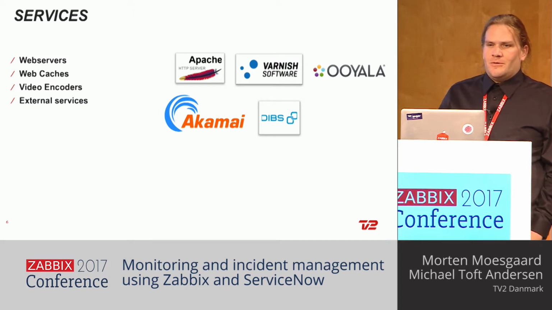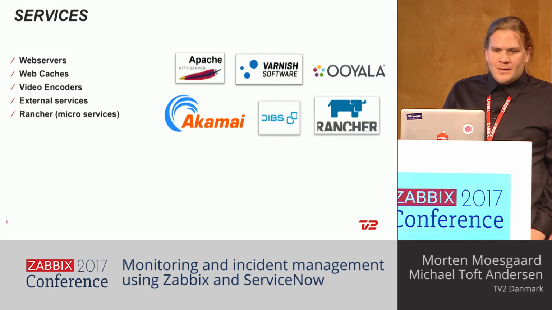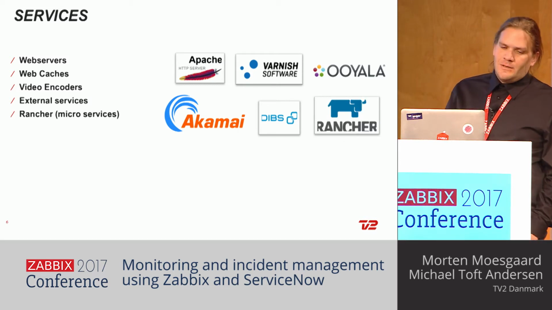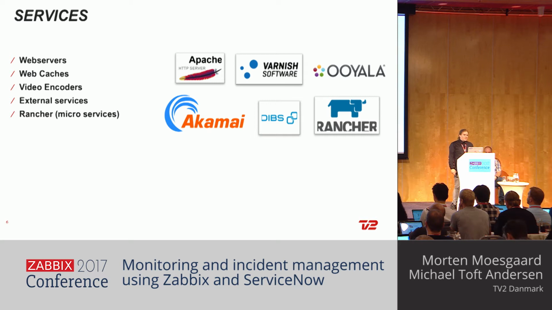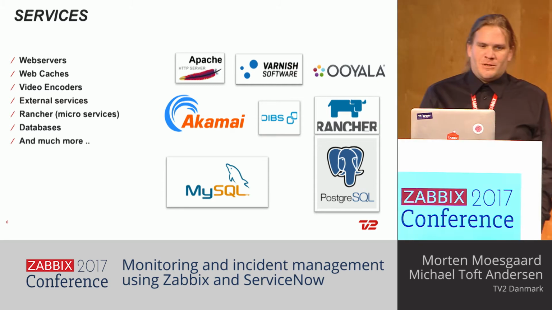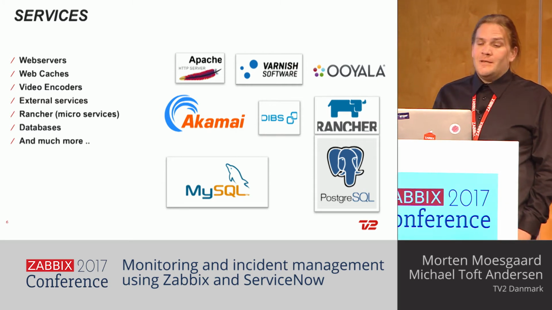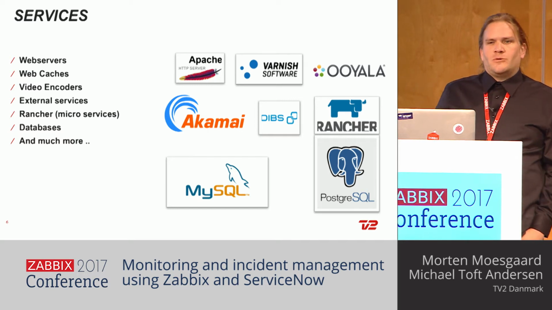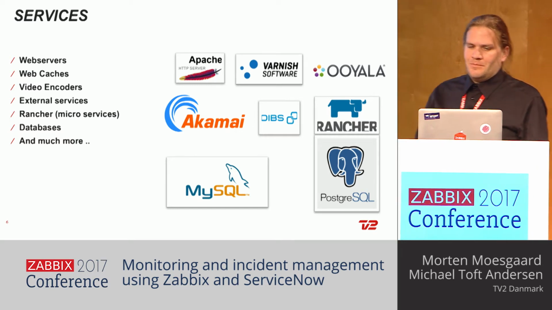So we also monitor those. And we have Rancher, which is low-level discovered for all the microservices. And we have, of course, databases, and there's much, much more we are monitoring, but also much more we're going to monitor.